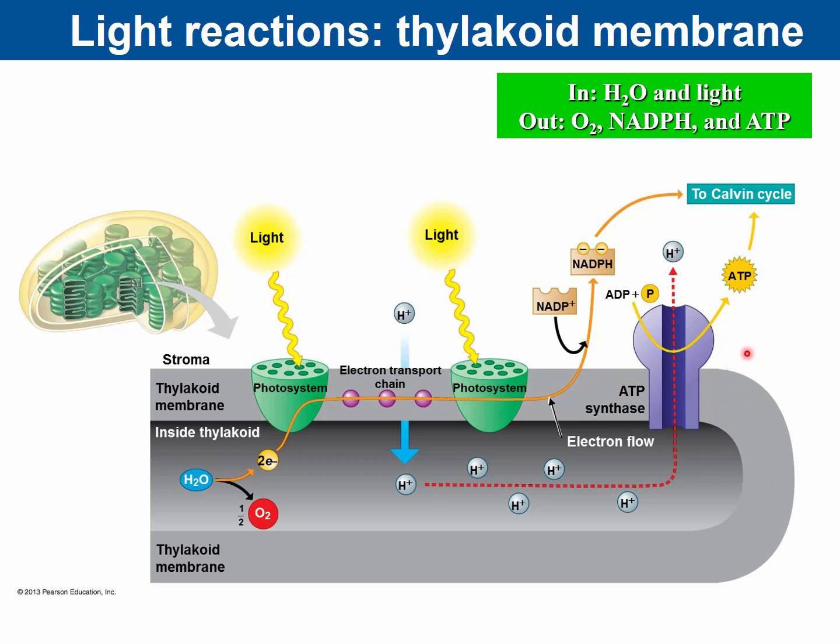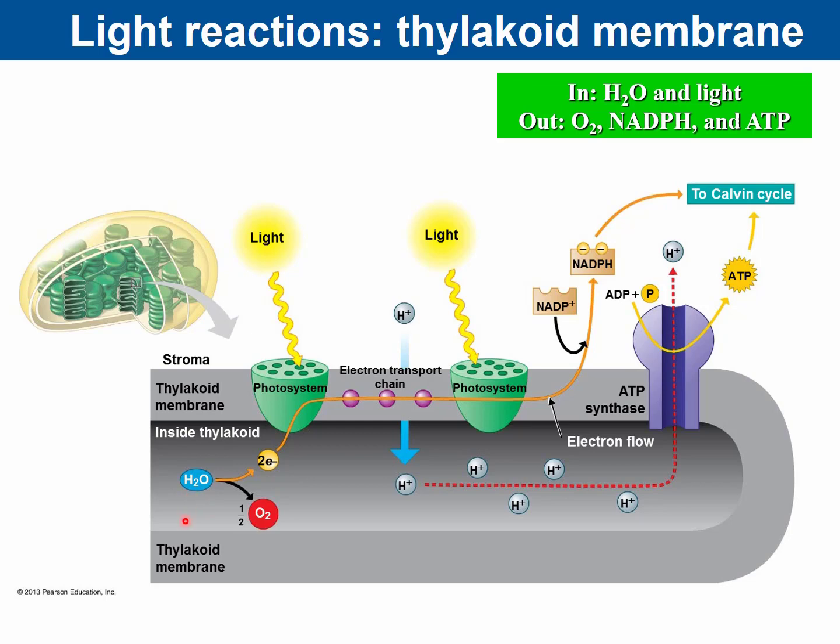So just like in cellular respiration, in photosynthesis, the chloroplast also has ATP synthase, which remember is used to make ATP. And so let's talk about how all this works. What you're going to see is that, again, remember that water becomes oxidized.